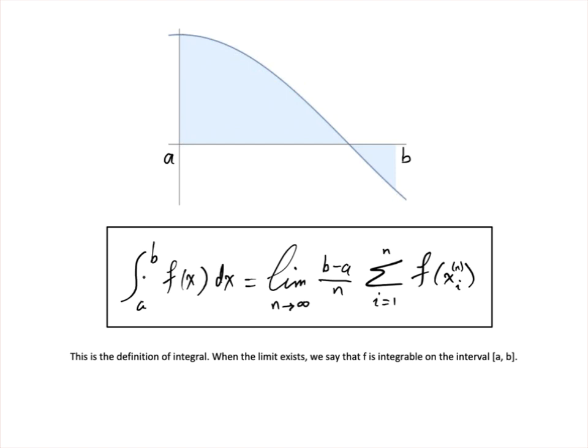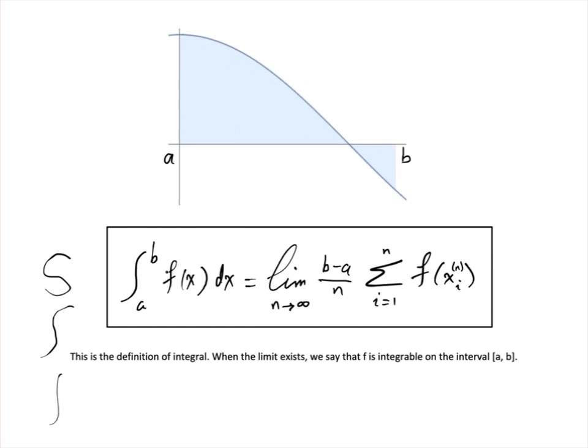And we symbolize it this way. We use this symbol, which is the stretched s. It has a subscript and a superscript. The subscript is the left endpoint of the interval over which we're integrating, and the superscript is the right end of that interval.